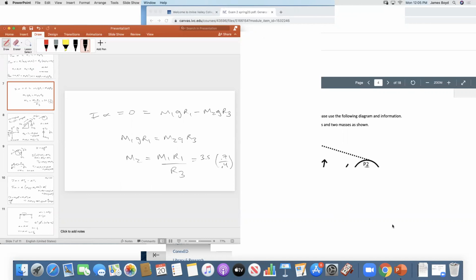I guess it does make sense, but essentially, if it starts from rest and falls, do energy. If it's moving with constant velocity, do torques. Because as you see in this solution right here, doing the torques gets you to the answer really quickly if A and alpha are 0, which is nice.